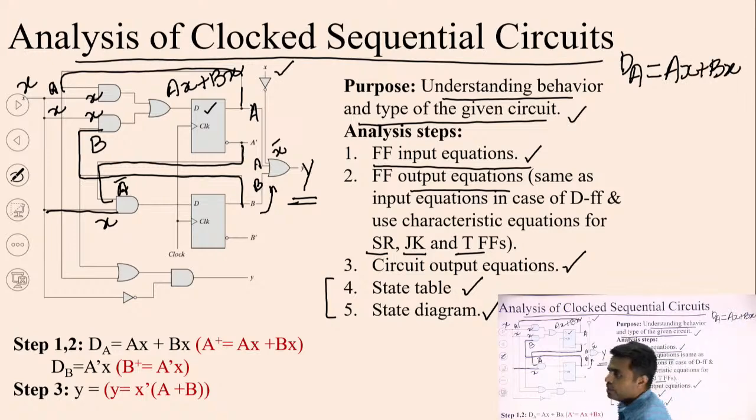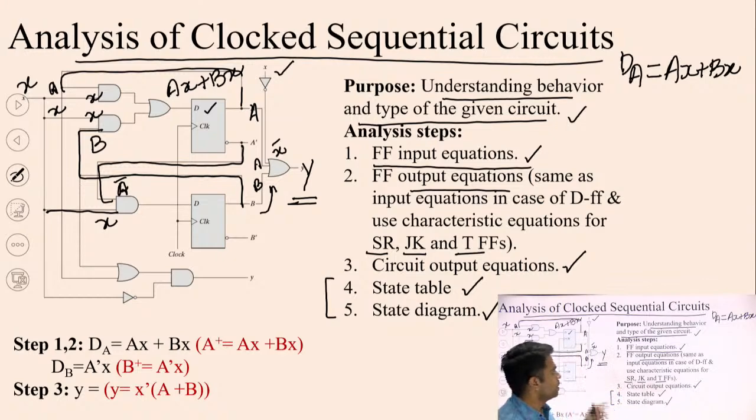A and B are nothing but state variables, because in the very first step we have seen what a state is. A state means the outputs of the flip-flops taken together. There are two flip-flops, one output is A, one output is B. So AB is the state of the circuit.